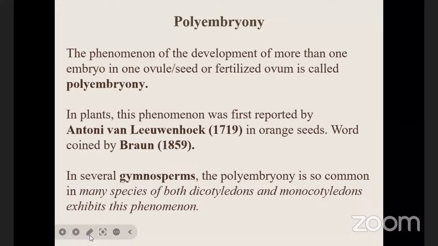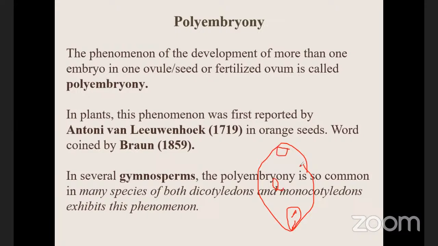But sometimes more embryos will form in the single seed, two or three or four or multi-branch embryos. Cleavage polyembryony. That type of more embryos within a single seed is polyembryony.